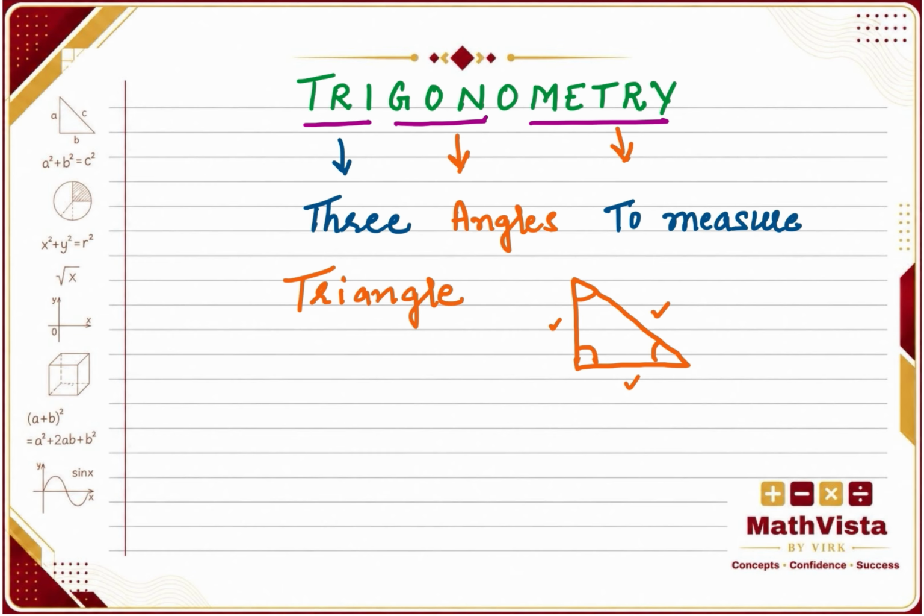If you know any two sides, we can find the unknown angle also. Suppose we name the triangle A, B and C, and angle B is missing here. If you are aware of any two sides, we can easily find the value of this angle. This is the relationship which makes trigonometry powerful.